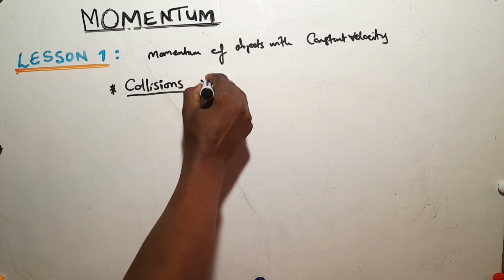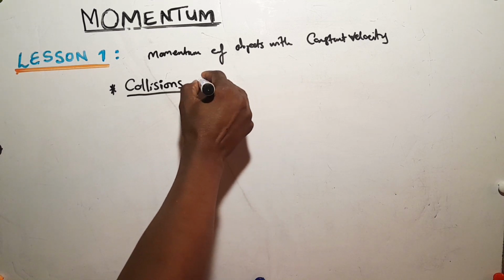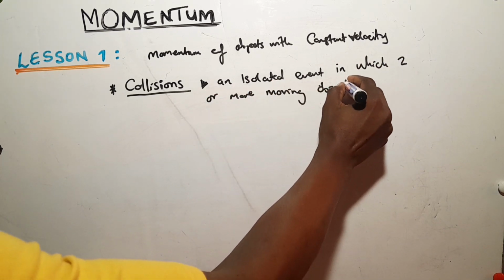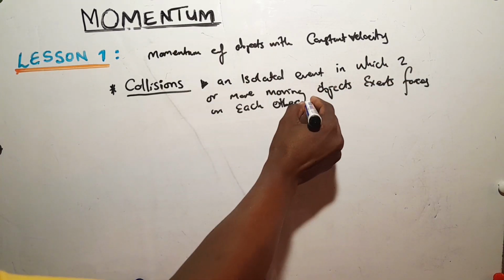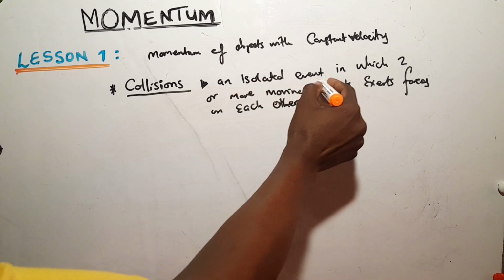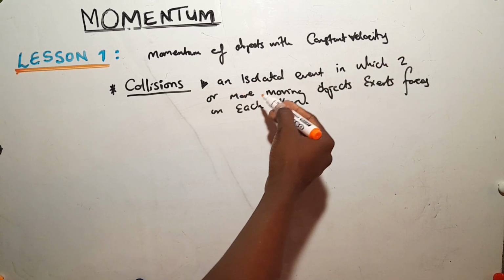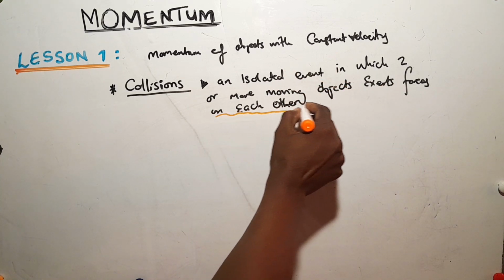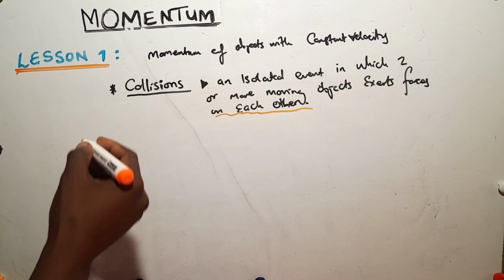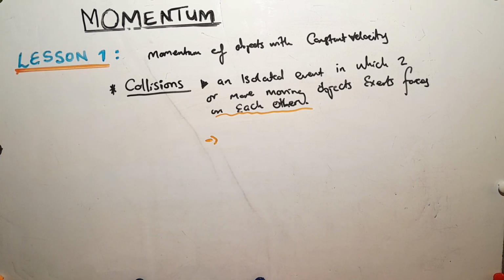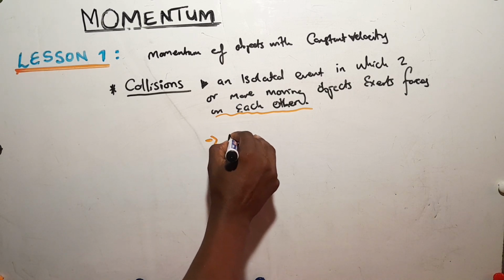So when a collision happens, a number of things happen. What is a collision actually? A collision is an isolated event in which two or more moving objects exert forces on each other. When a collision happens, the following might happen.